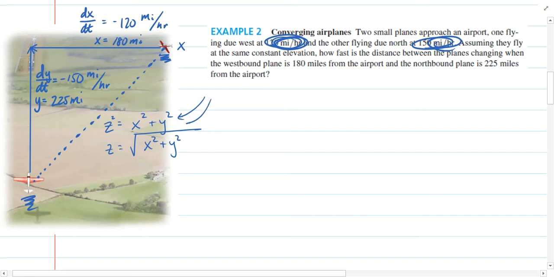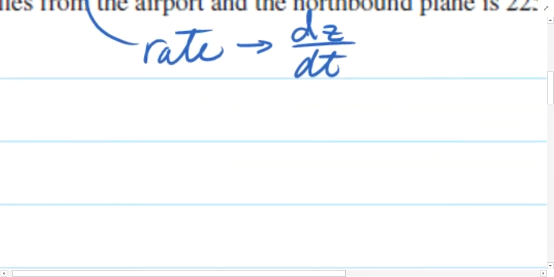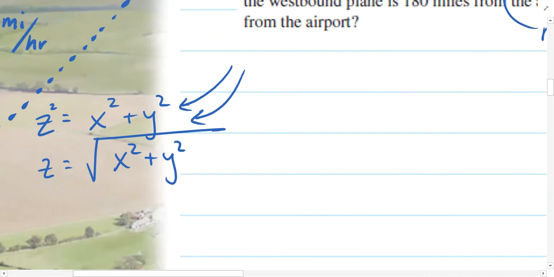I actually think this formula might be a little bit more helpful in this problem, and you'll see why in just a second. But the problem itself is asking how fast the distance between the planes is changing. So when we're talking about how fast something's going, this is a rate. So when we're talking about a rate, we need to immediately think dz/dt, the change in distance over time, dz/dt.